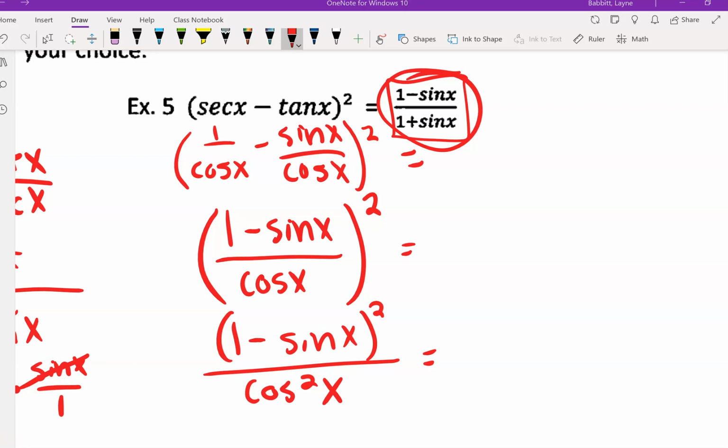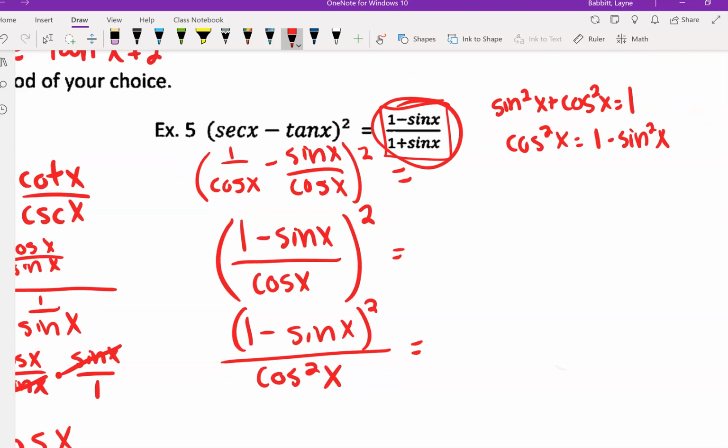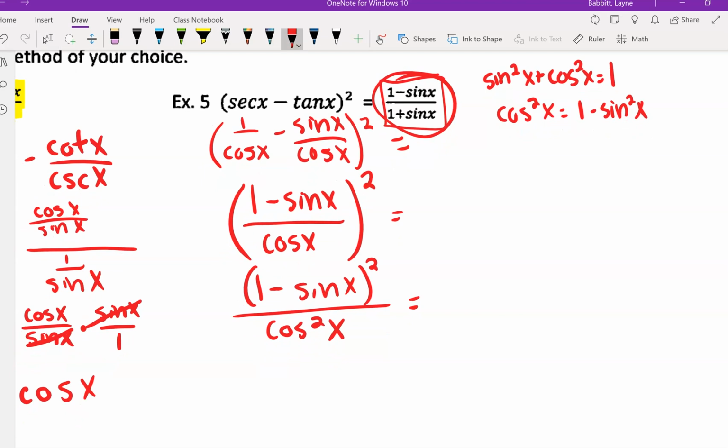Remember, my basic Pythagorean identity is sine squared x plus cosine squared x equals 1. So if I subtract sine squared x from both sides, cosine squared x equals 1 minus sine squared x. So I'm just going to replace this bottom part with 1 minus sine squared x, because that's what cosine squared x is equal to.